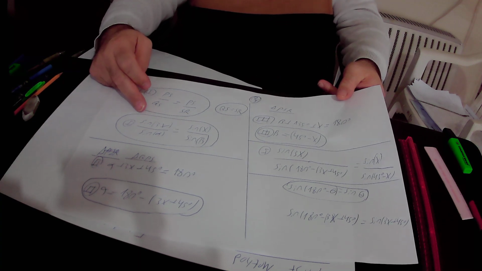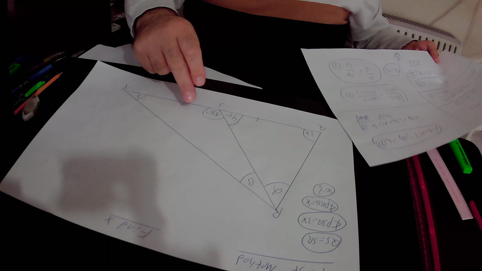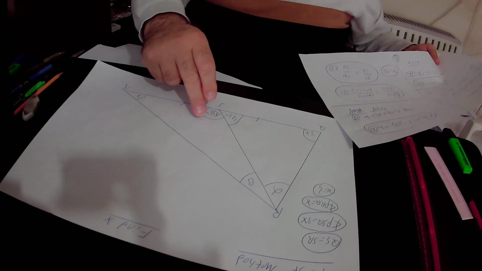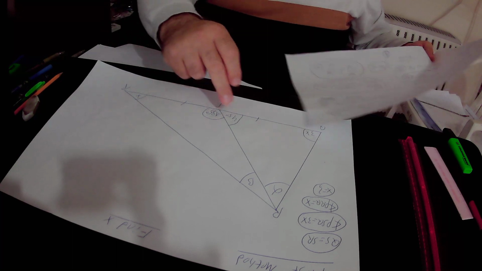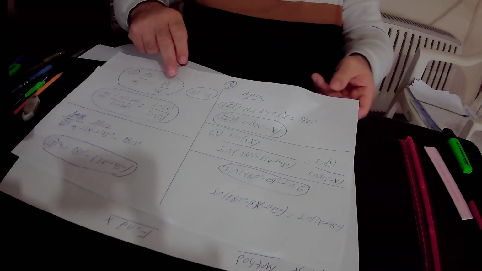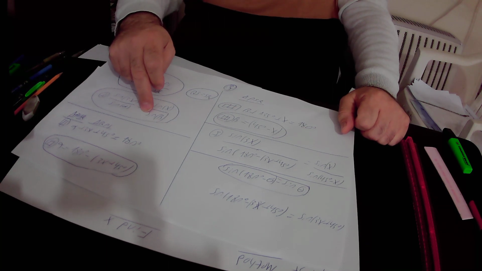And in triangle PSR, PS over SR must be equal to sine x over sine beta.